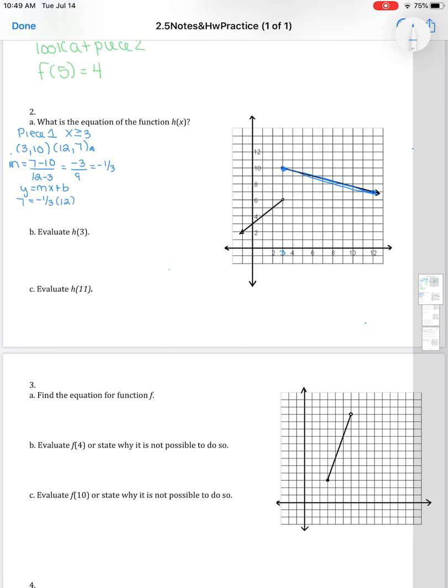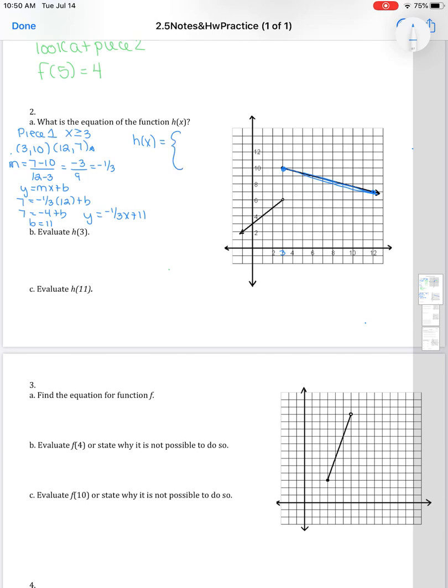I'll take the second point and put that into my y equals mx plus b. So 7 equals negative 1/3 times 12 plus b. 7 equals negative 4 plus b, so b is 11. So my first piece is y equals negative 1/3 x plus 11.